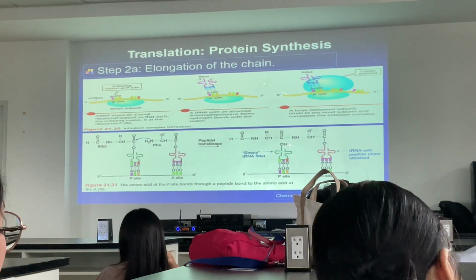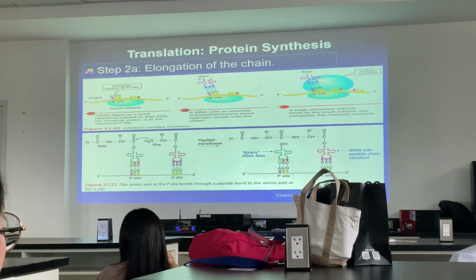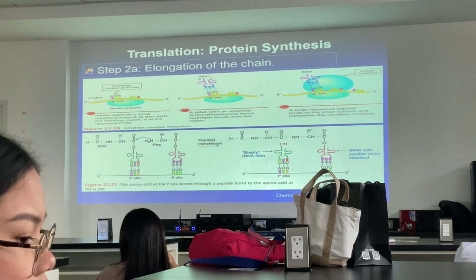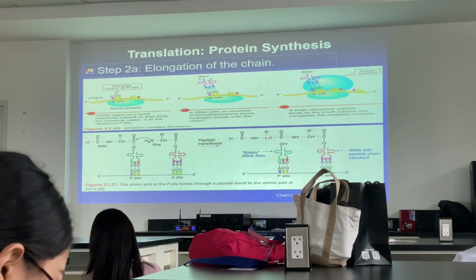So once a peptide bond is formed, this tRNA loses its amino acid. This becomes empty after a peptide bond is formed.